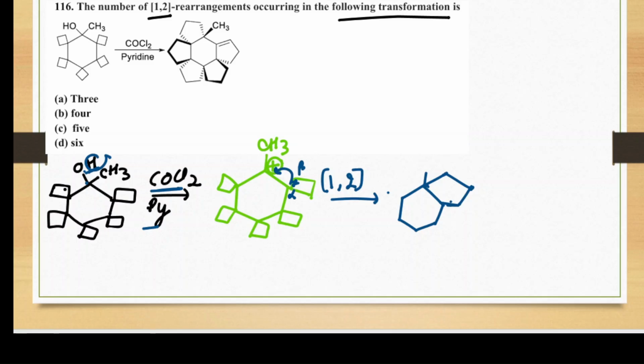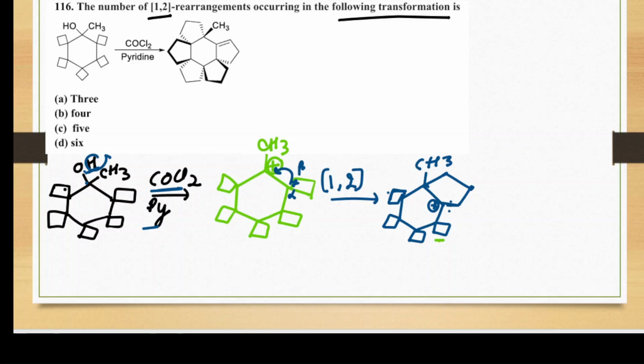This species is being formed at this particular site. Here the methyl group has formed. This is the alpha center, and at this position the positive charge has been formed. These 4-membered rings remain as they are at this particular position. Right, so this is the first 1-2 rearrangement we have done.